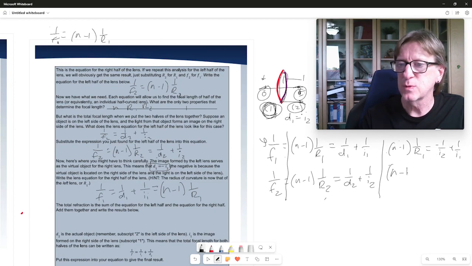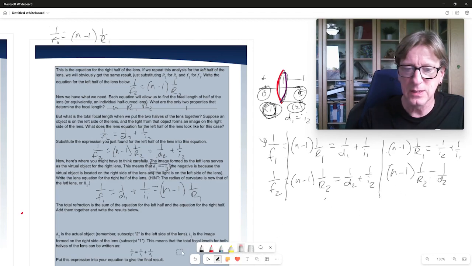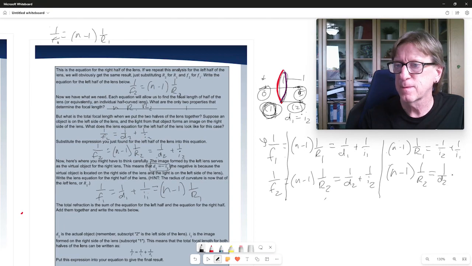And then this one, of course, stays the same: (n minus 1) times 1 over R2 is equal to 1 over D2 plus 1 over I2, like that.